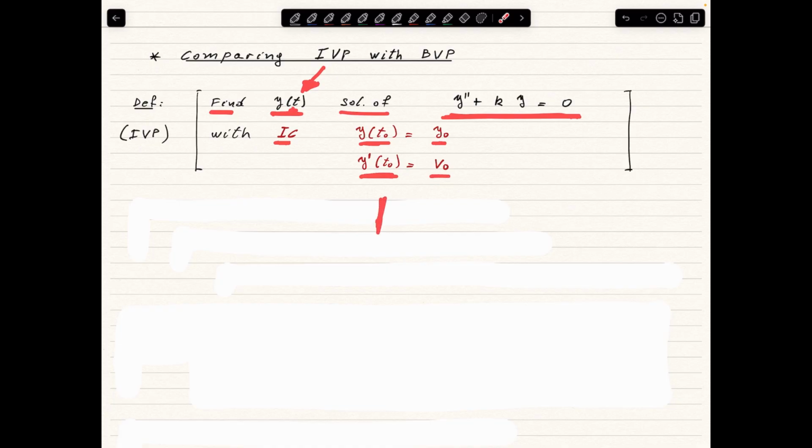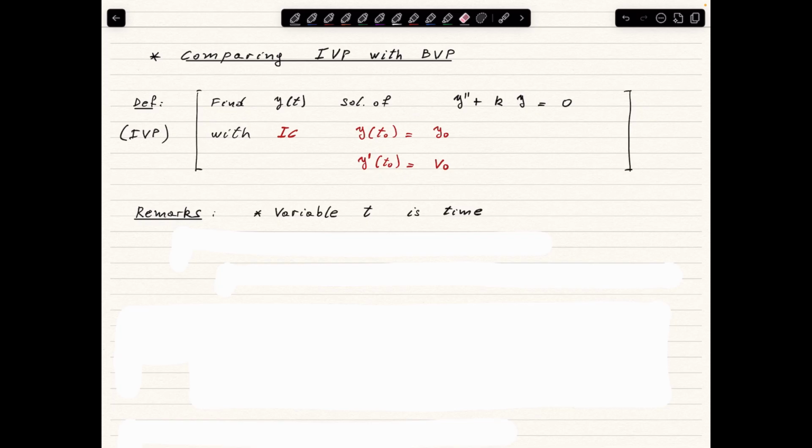These are what we call initial conditions, and notice that both equations have the solution evaluated at the same value of the independent variable, which we call the initial time. So the main characteristic of an initial value problem is that the extra conditions are evaluated at the same value of the independent variable that we call the initial time.